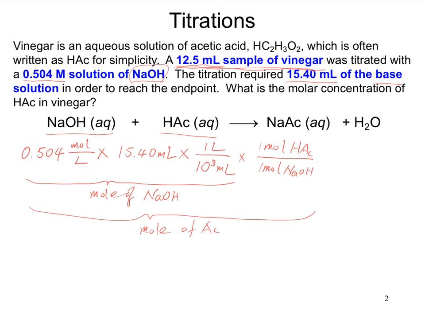With the mole number of acid, we can calculate the concentration of the acid by dividing the mole number of acid by the volume of the sample. The volume is 12.5 milliliter, but to calculate molarity, we need to convert milliliter to liter. Therefore, every liter has 10 to the third milliliter.